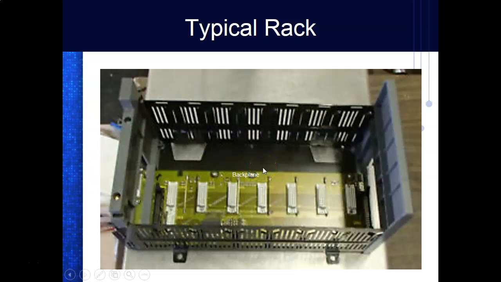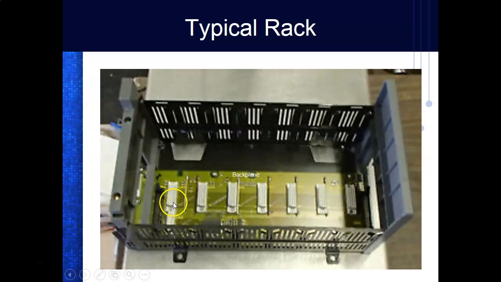Every card or module, we call them modules, not cards, plugs into this bus down here. So this is actually a bus. Power comes down through here. Address comes down through here, but it's through an address decoder. We'll talk about that.